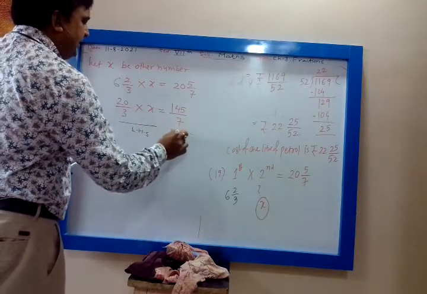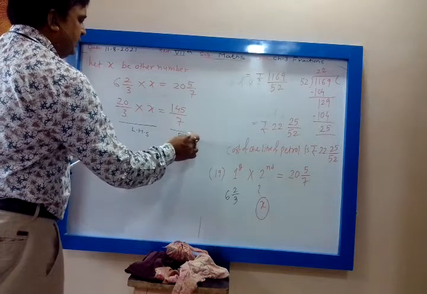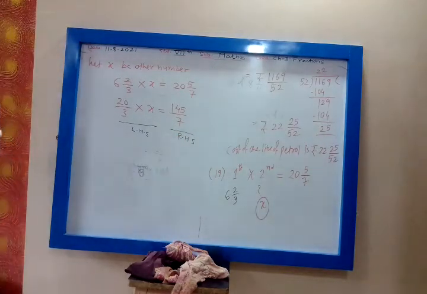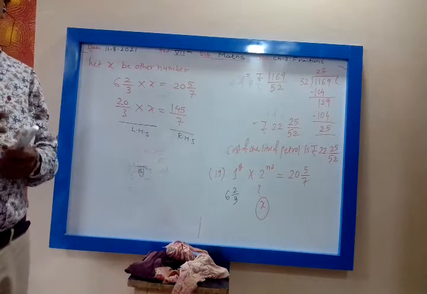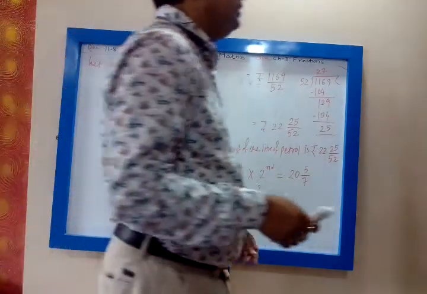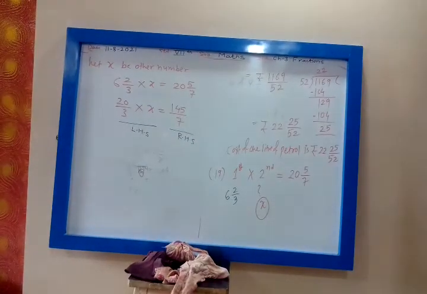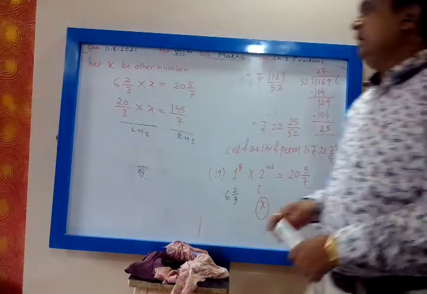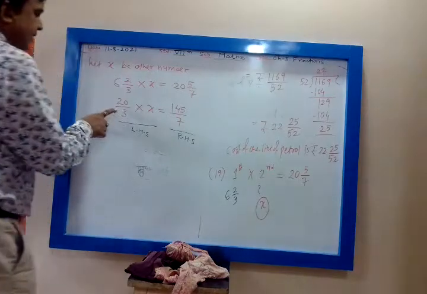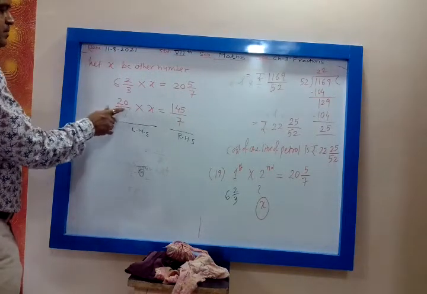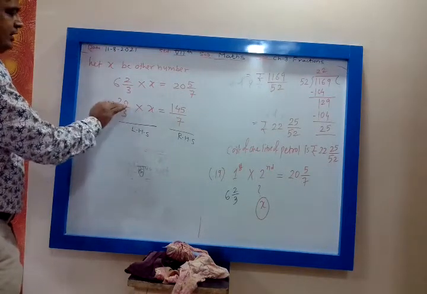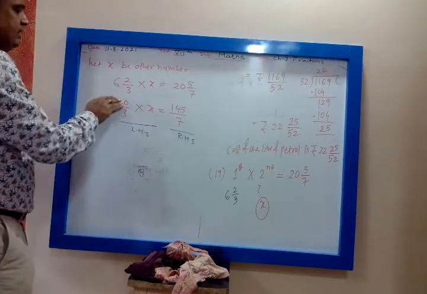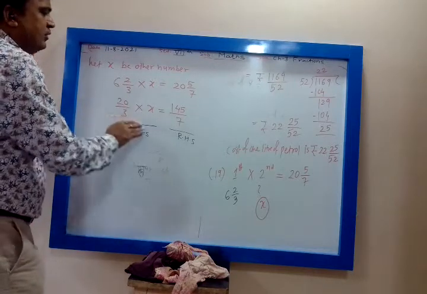Okay. Now before the equal to is my left hand side. After equal to is my right hand side. Whenever we change the side, the sign changes. Plus becomes minus, minus becomes plus, multiplication becomes division, division becomes multiplication. So now 20/3 is in the multiplication. When I take 20/3 to the right hand side, it will go in the division.